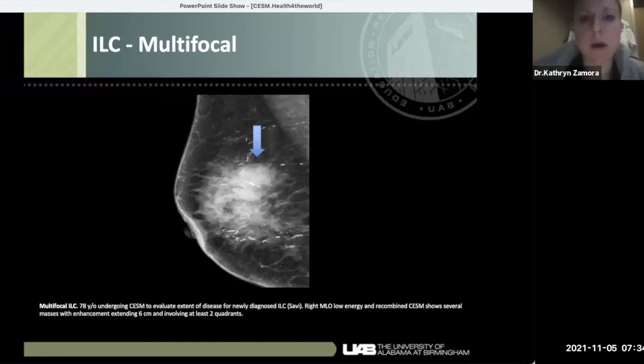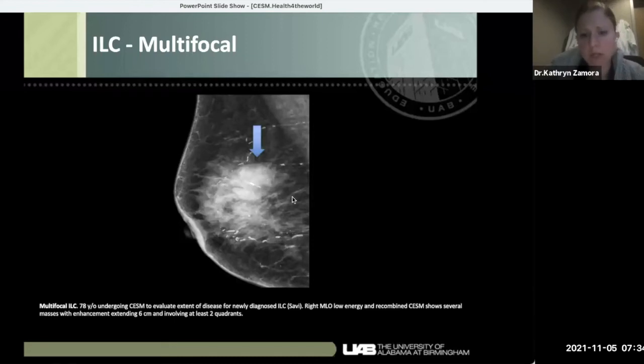Here is an example of a multifocal invasive lobular carcinoma. This was a 78-year-old woman that had this oval mass, which you can see here projected on the right MLO view. We have a SAVI marker in this mass, planning on breast conservation therapy.